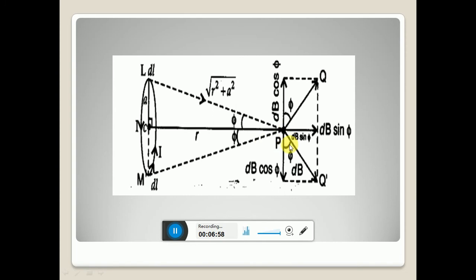Again, this magnetic field can be resolved into components, dB cos phi along the vertical direction and dB sin phi along the horizontal direction. If you resolve this into components, dB cos phi pointing in opposite directions can be cancelled out, and the remaining magnetic field is due to that sine component.